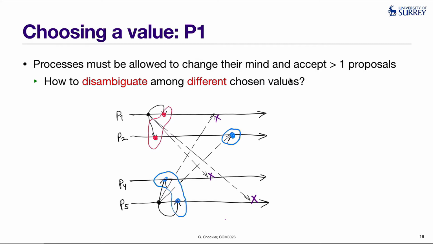How can we tell, for example, which value between the red one and the blue one has a precedence, which one is more important, which one was chosen and which one was not? So we need to invent a scheme in order to be able to do so.